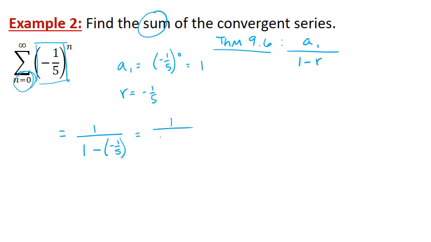This becomes 1 over 1 plus 1/5, which is 1 over 6/5, which is 5/6. So the sum of this convergent series is 5/6. Let's look at another one.